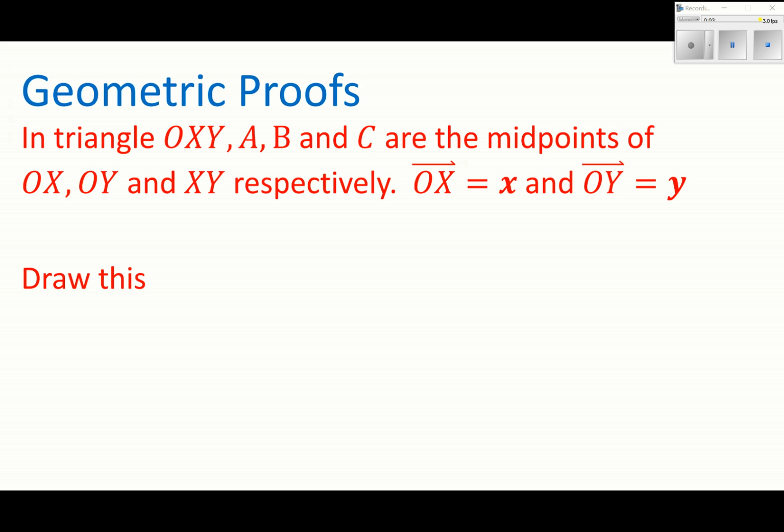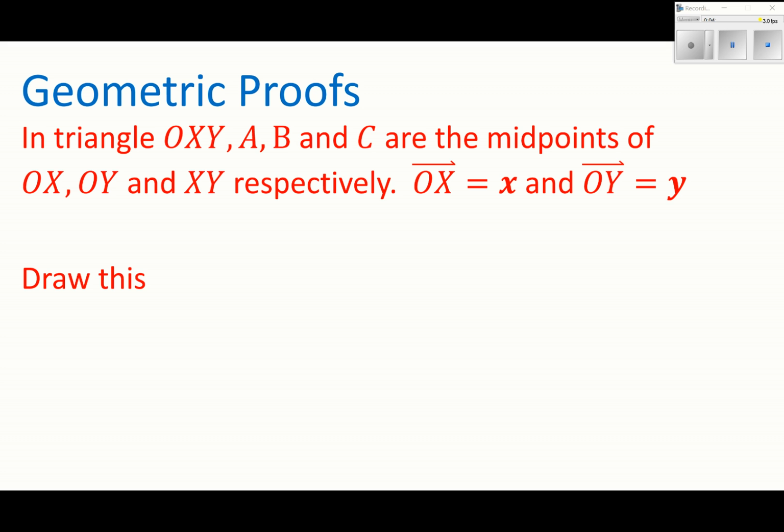All right, so now we can get into geometric proofs. Suppose we have a triangle OXY, and we also have points A, B, and C that are the midpoints of OX, OY, and XY. We are going to denote the vector OX with the boldface X and OY with the boldface Y. So let's get an idea of what we're working with.